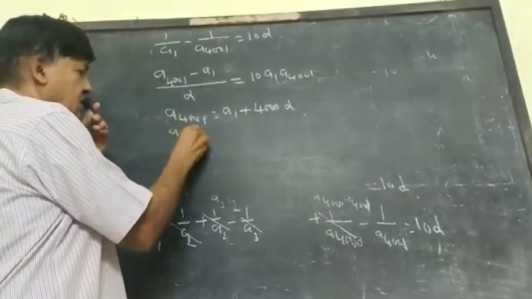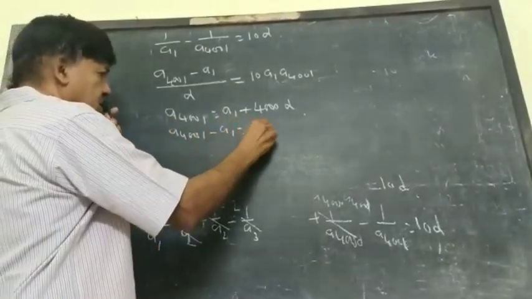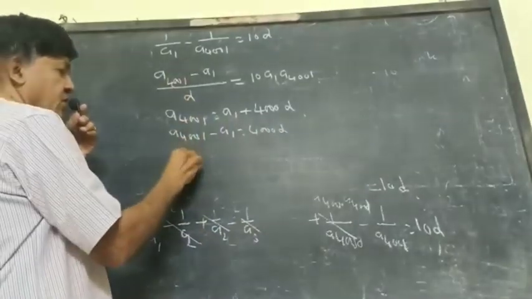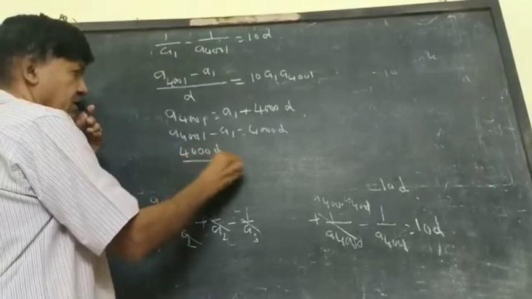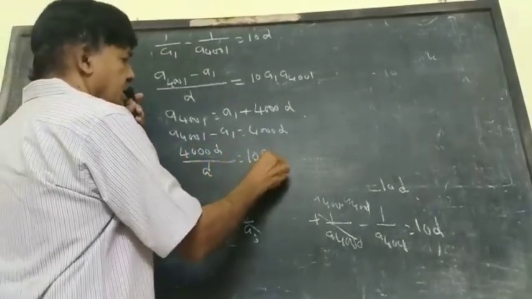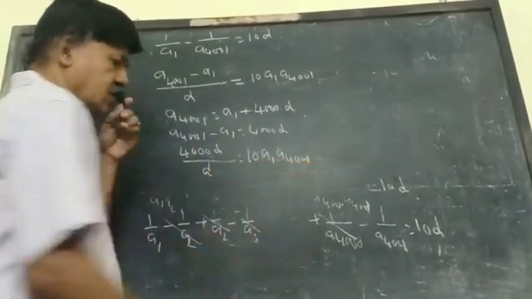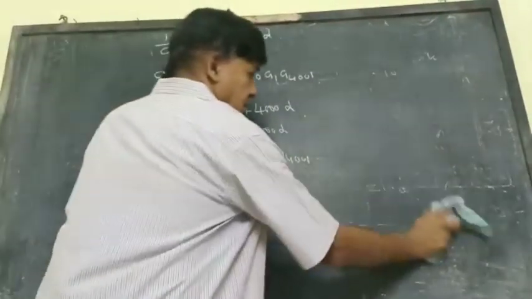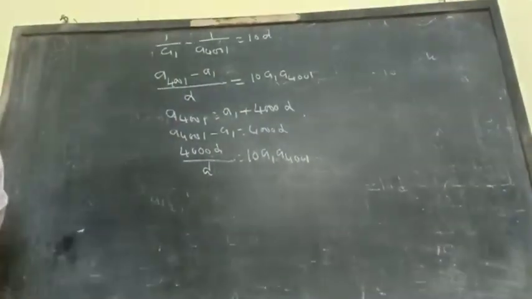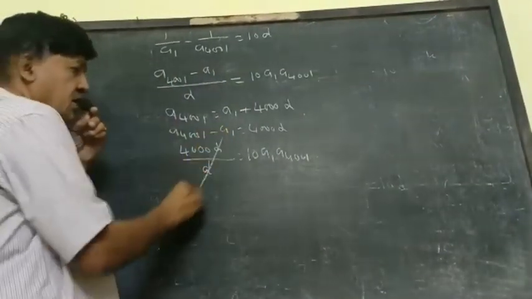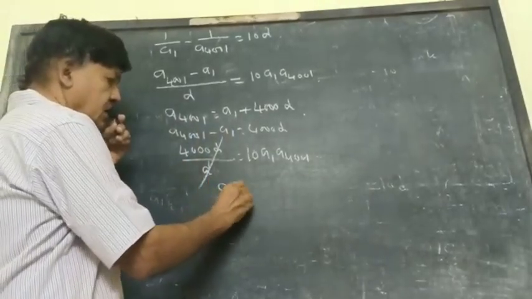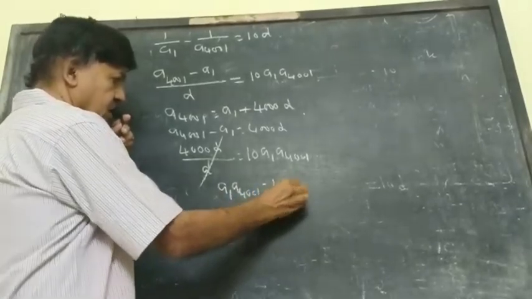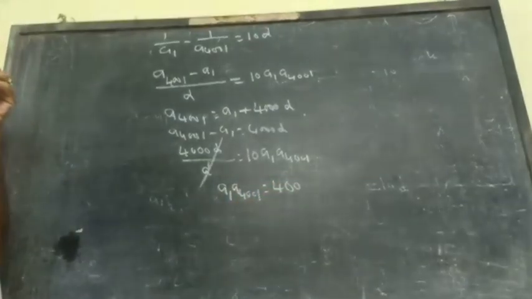So A4001 minus A1 is equal to 4000D. You substitute. 4000D by D is equal to 10 A1 A4001. D, D will go. So A1 A4001 is how much? You will get 400.